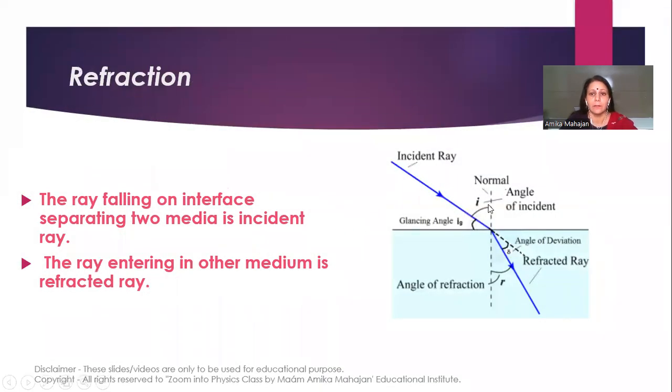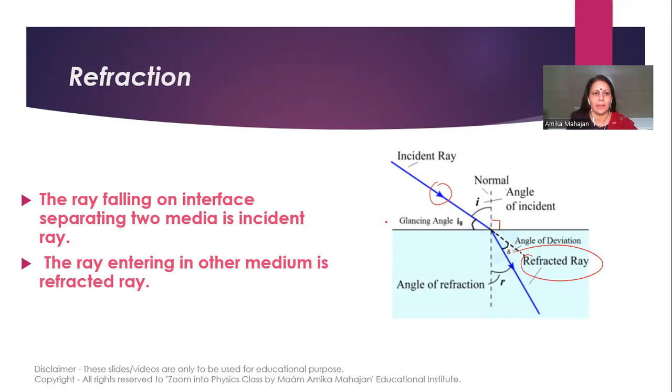Now, this diagram shows refraction of a ray of light when it falls at the interface separating two media. When we draw a normal to this interface, the ray which falls at this point is known as the incident ray, and the ray which goes into the other medium after bending is known as the refracted ray.